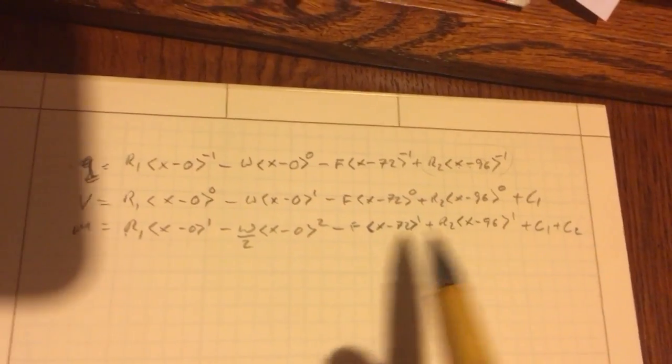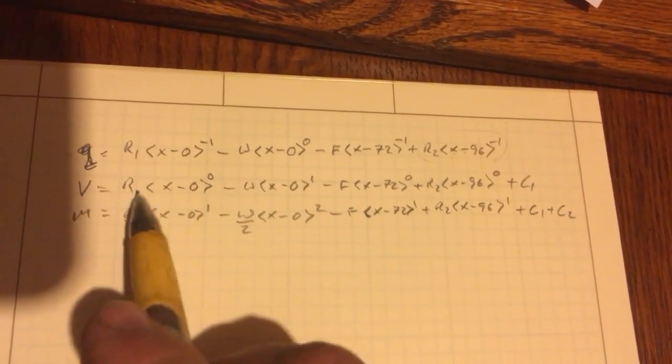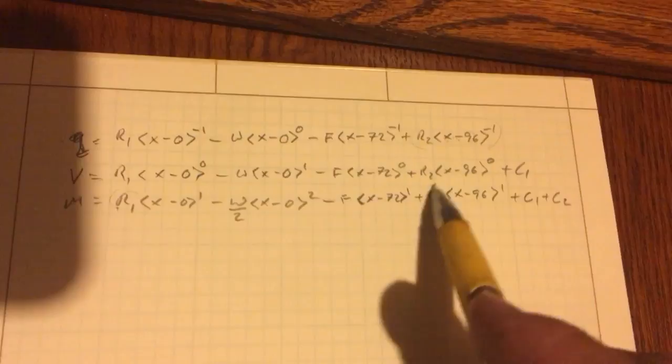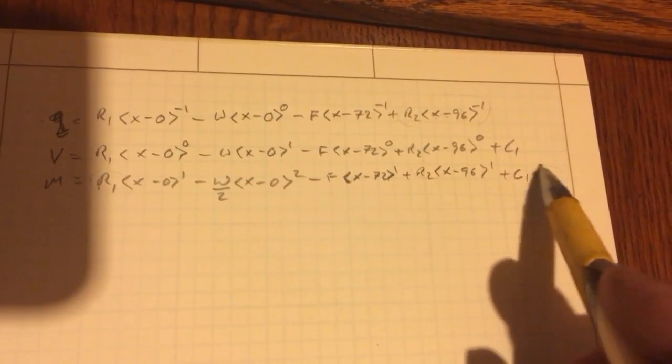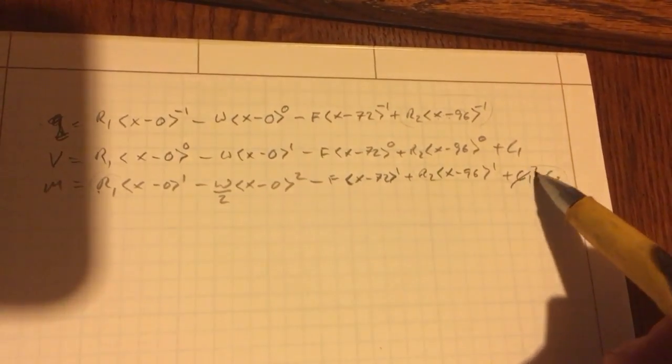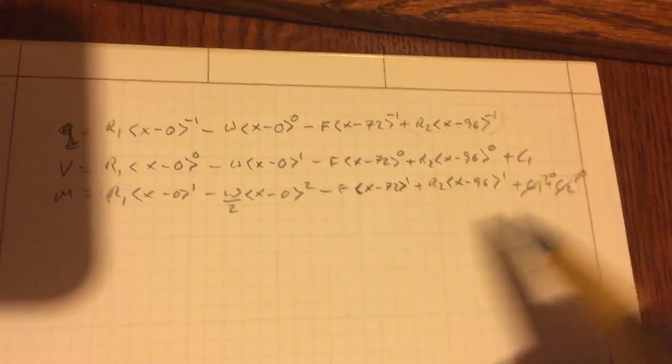Now we're told that as long as we have R1 and R2 in this equation, these will always evaluate to 0. So these will always be 0.